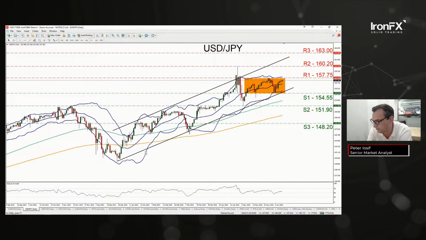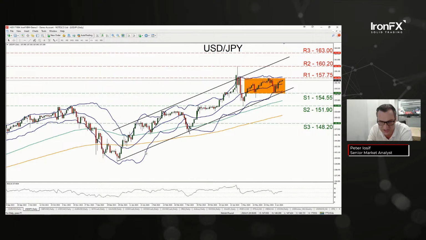Should the bulls take over, we may see the price action of USD/JPY breaching the 157.75 resistance line and start aiming for the 160.20 resistance level.